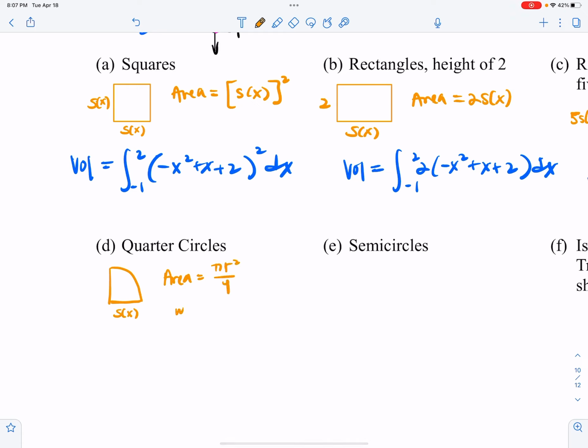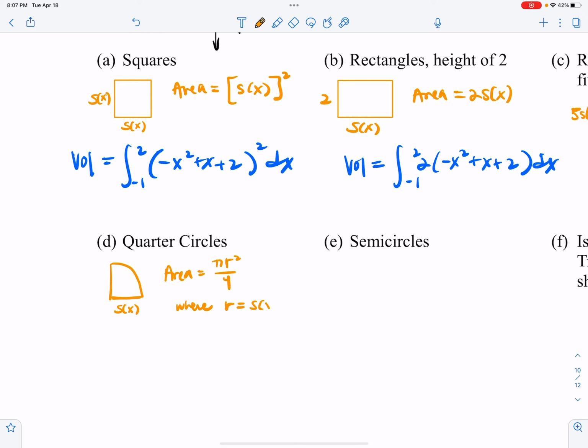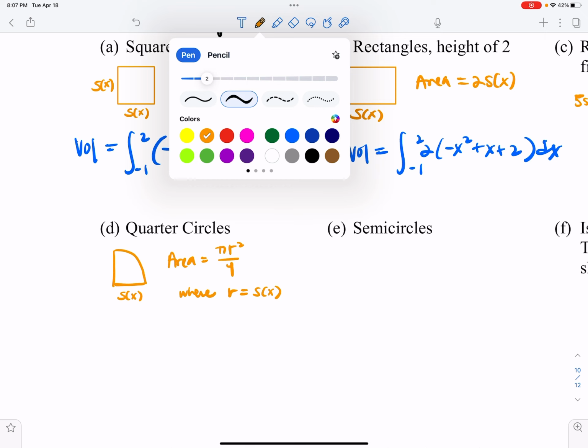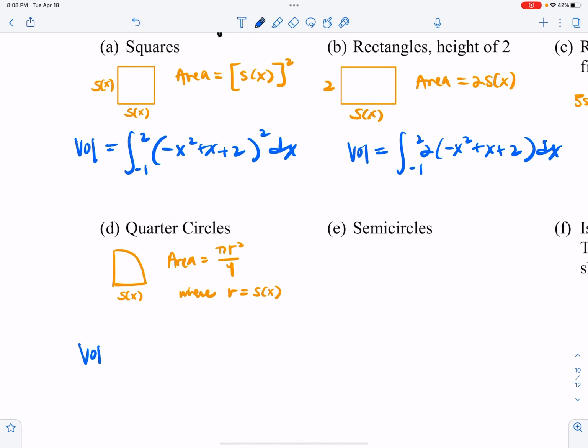And in this case, r, the radius of the circle, is equal to S of x. S of x is the base, corresponds to the radius. So our volume would be the integral from -1 to 2 of pi over 4 times negative x squared plus x plus 2, squared, dx.